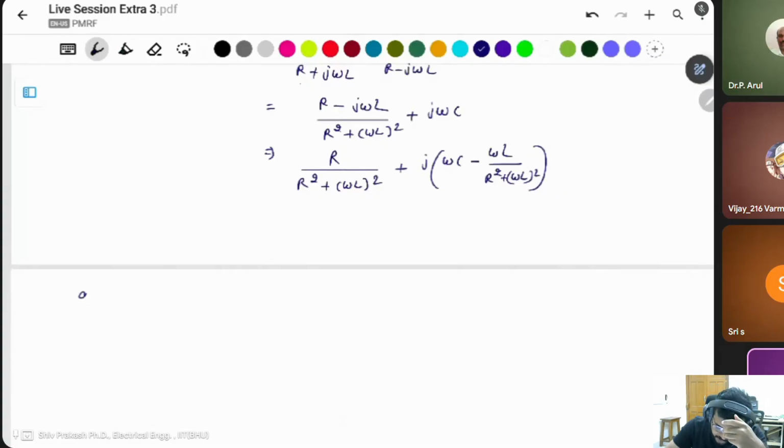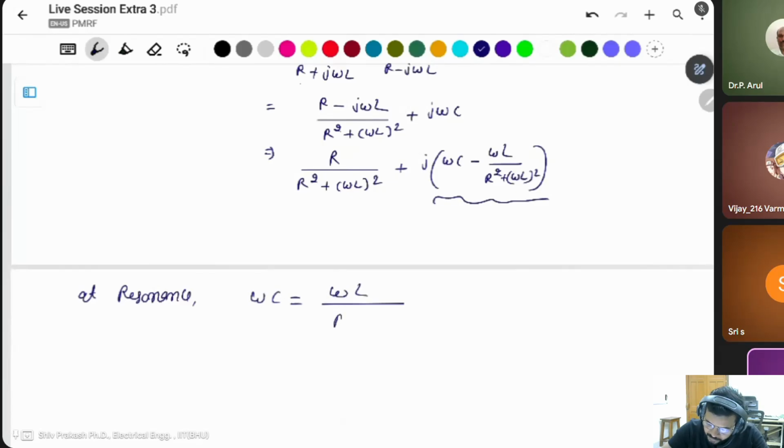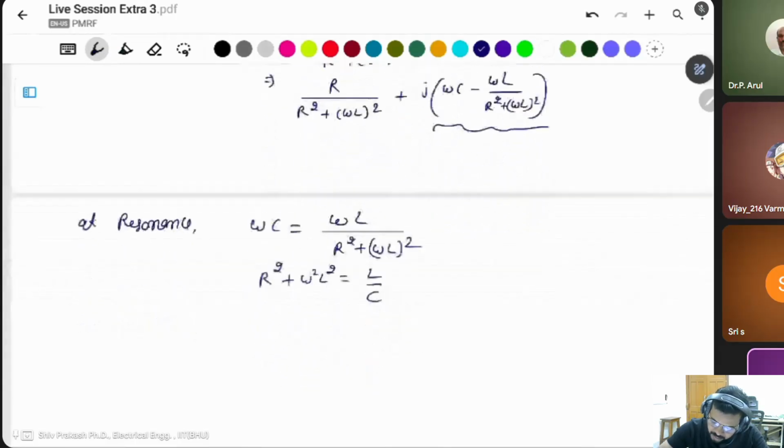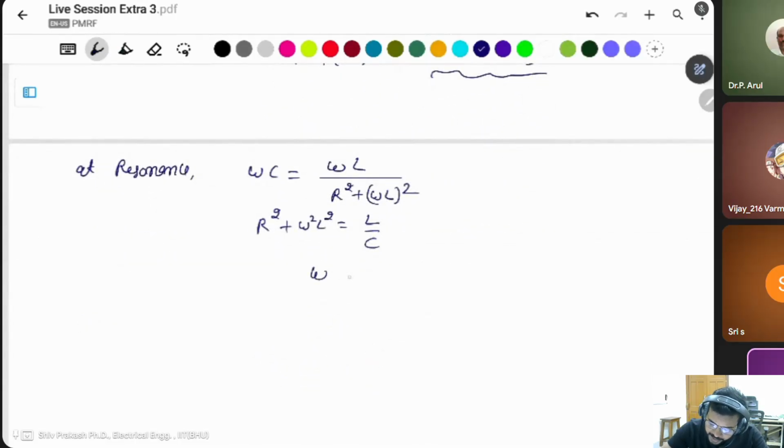You know about resonance. At resonance, the imaginary part is 0. That means omega C is equal to omega L divided by R square plus omega L whole square. Omega cancels out. That means R square plus omega square L square is equal to L by C. What is omega in this case?